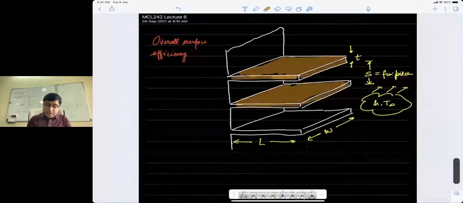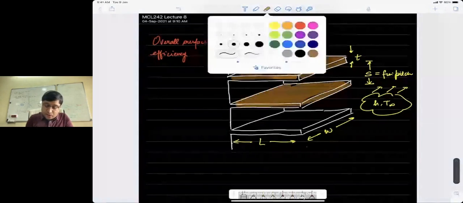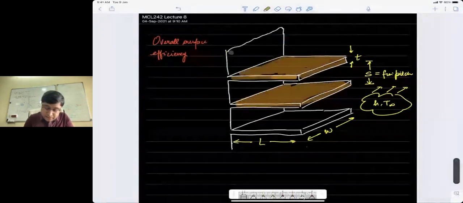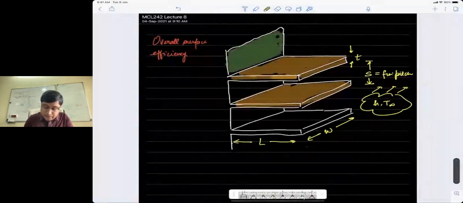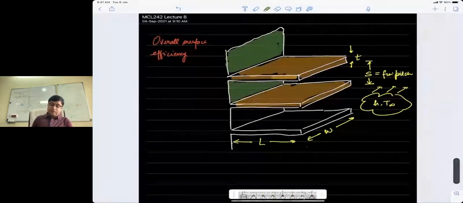But in addition, there's another area which is also contributing to this heat exchange, which I'm going to call the base, or the actual surface on which these fins are mounted. So these are also contributing to heat transfer.